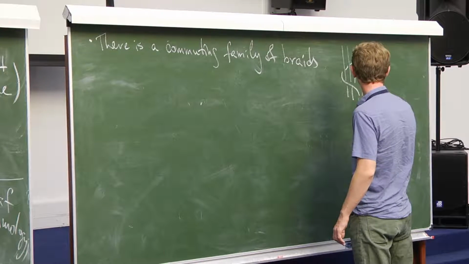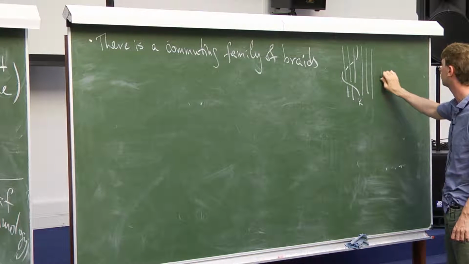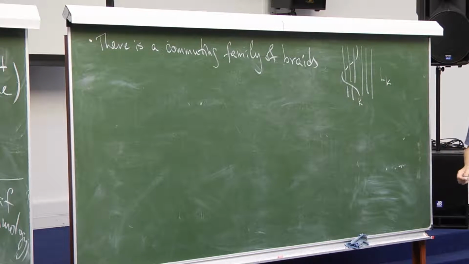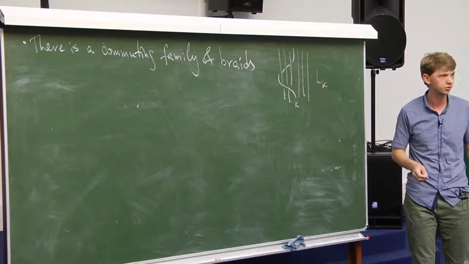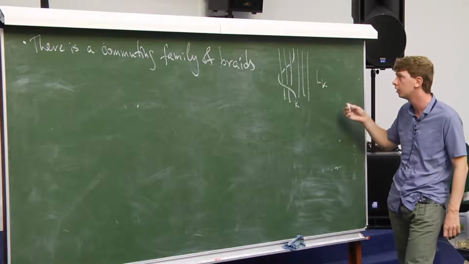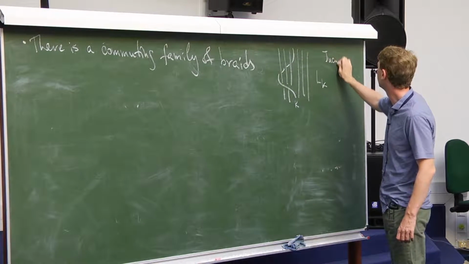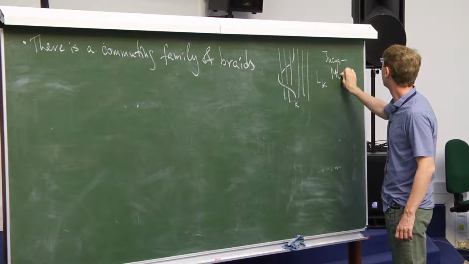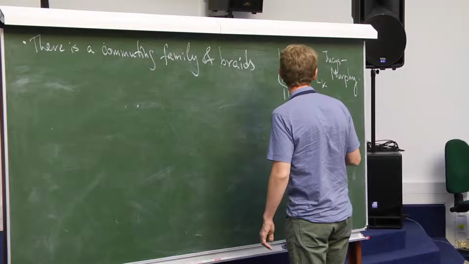Let's say this is the K-th strand, and this will be denoted by LK. These are sometimes called Jucys-Murphy elements, or generalized Jucys-Murphy elements, but they're well known in skein theory and in the representation theory of Hecke algebras. These are some versions of Jucys-Murphy braids, and the key property is that they commute.